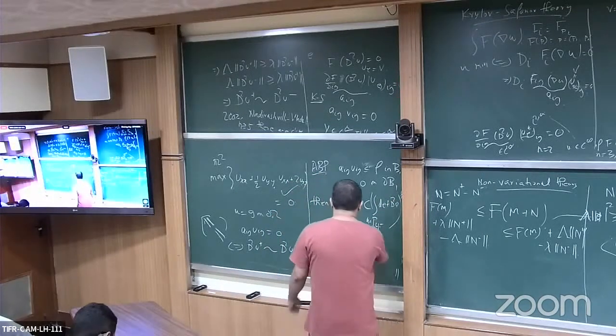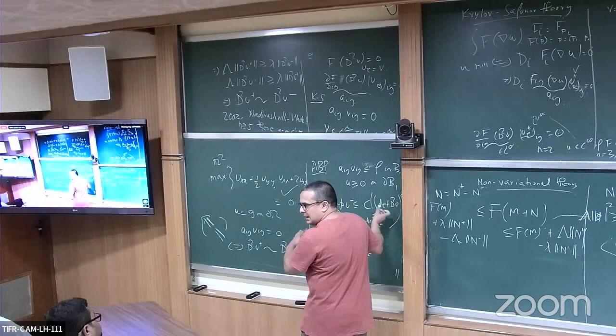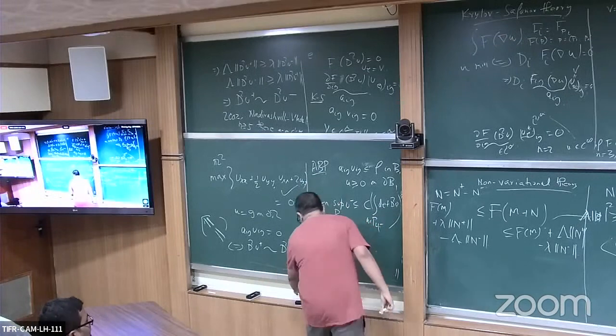Right? This is on the contact set, so the determinant has a sign. Okay.